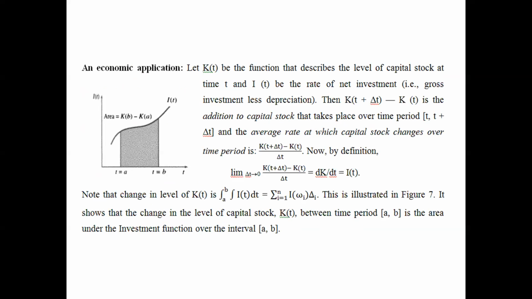Now let us come to some economic applications. So we have a capital stock, K(t). So this is the capital stock at a particular time period, and I(t) is the rate of net investment. What is net investment?